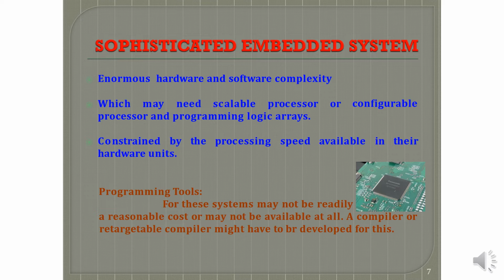And for the sophisticated embedded system, which is used for specific work, there is somewhat more complexity. It is the area where we encounter a complex way of doing things, and we also expect the output in that way. We need a much more complex configuration, constrained by the processing speed available in the hardware units.